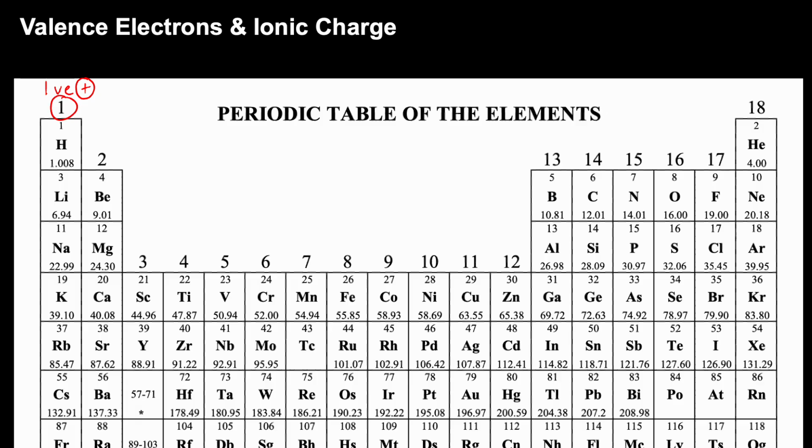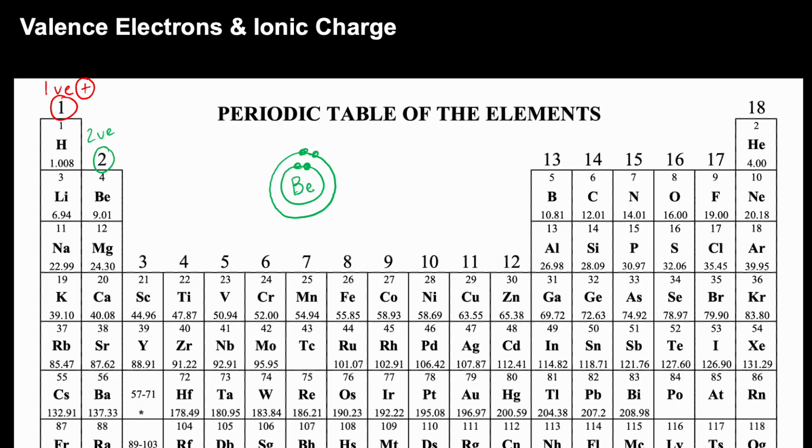Now in group 2, all of these elements have 2 valence electrons. So if we're looking at beryllium, for example, we have 2 electrons in its first energy level, and we have 2 in the second. Now, again, is it more likely to gain 6 electrons or to lose 2?